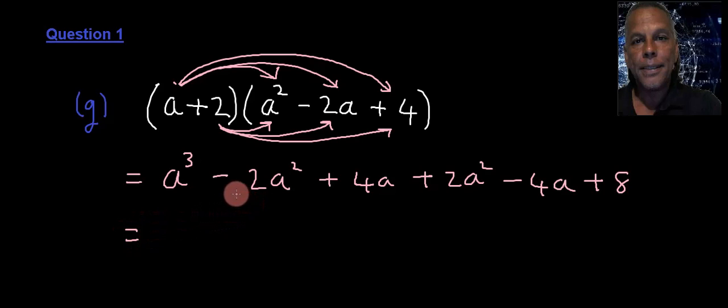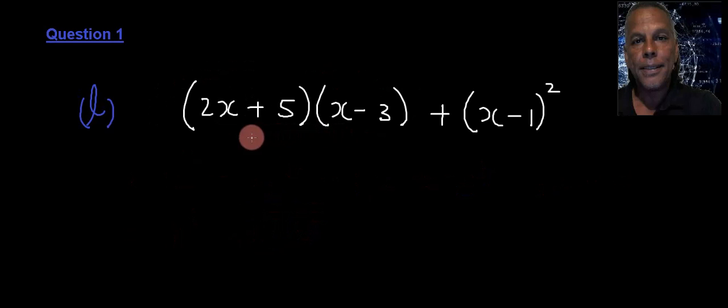Now we simply add the like terms. So negative 2a squared plus 2a squared, these two terms will cancel. It's the same term, but with opposite signs. So the same with 4a and negative 4a. They also cancel, and we're left with plus 8.